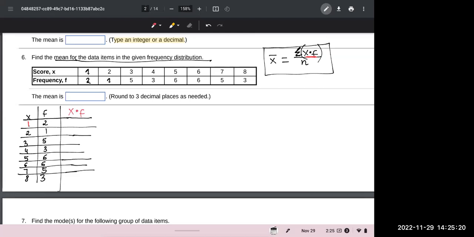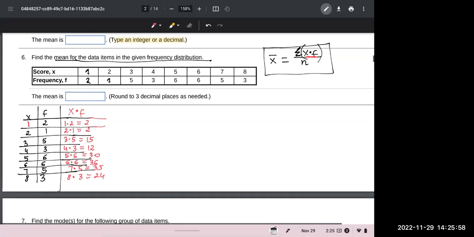So we have 1 times 2, that gives 2. 2 times 1 gives 2. 3 times 5 gives 15. 4 times 3 is 12. 5 times 6 is 30. 6 times 6 is 36. 7 times 5 is 35. And 8 times 3 is 24. So I multiply each number by its frequency.